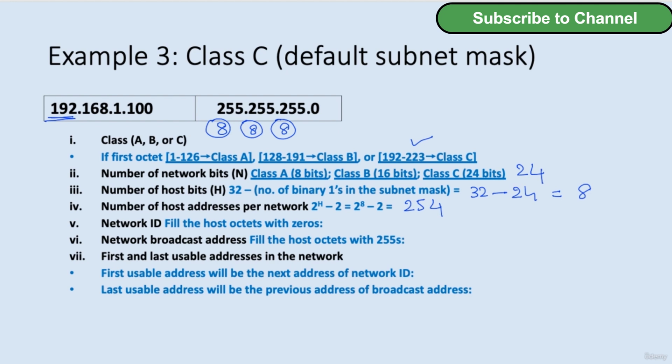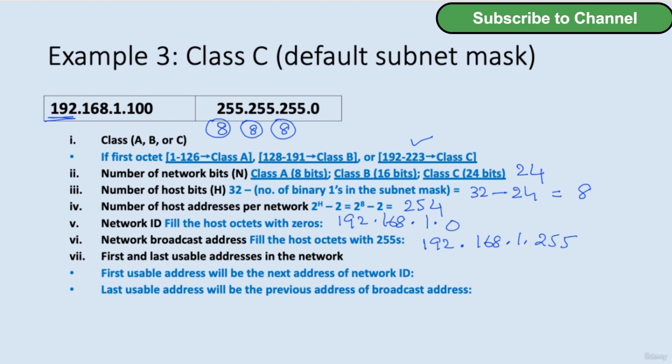Fill the host octet with zeros. Host octet is only the last octet. So I will fill it with 0. 192.168.1.0 in this case. Network broadcast address: the host octet I have to fill with 255. So the last octet is the host octet, 192.168.1.255.